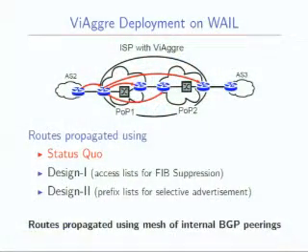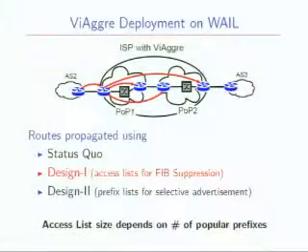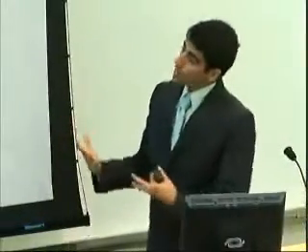Second, we have design one, wherein the internal routing setup remains exactly the same, except that routers use FIB suppression to only load the relevant routes into their FIB. We achieve this FIB suppression using access lists, which is a standard route filtering mechanism available on all routers. The only thing you need to know about access lists from this talk's point of view is that they can be massive due to the use of popular prefixes.